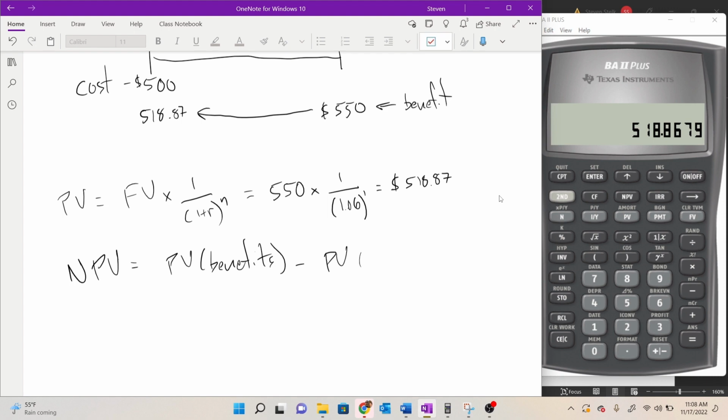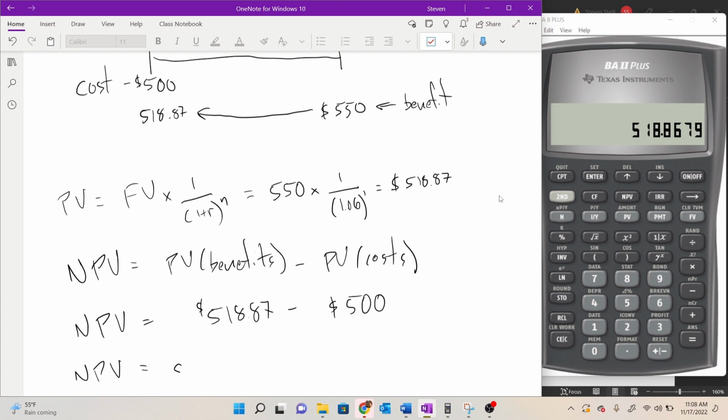Got a little bit different setup here, so it's a little more challenging to write these out. All right, benefits minus costs, so our net present value, in this case, present value of benefits, is that $518.87, and that's expressed in today's dollars. And then the costs are also expressed in today's dollars, so we can do that subtraction directly. And we find that the NPV is equal to a positive $18.87.